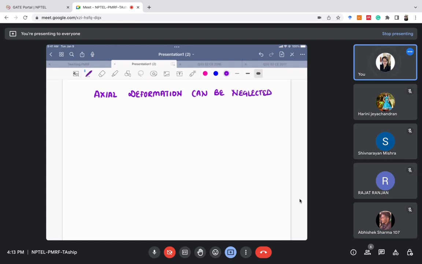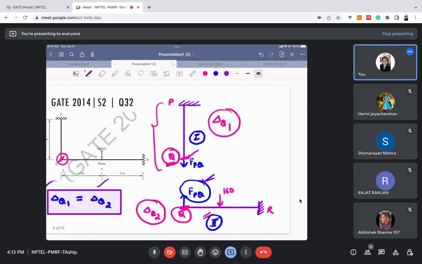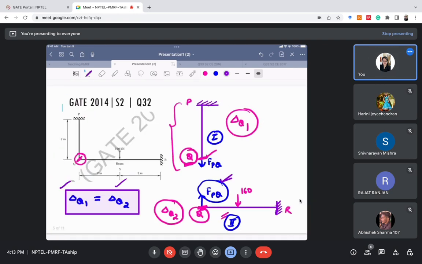So why is this thing required? This thing is required because here I'm going to equate delta Q1 with delta Q2. So delta Q1, what is delta Q1 actually?